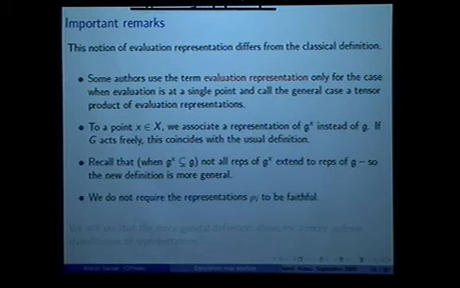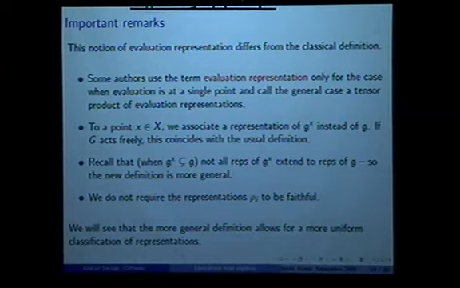We also don't require these representations to be faithful, which is sometimes required in the literature. So the reason we want this more general definition is we'll see that it gives a more uniform classification of irreducible representations. We'll give an example of that later. So we'll see cases where in the classical definition there will be representations that are not evaluation representations, but in this definition they are evaluation representations. So it sort of encompasses a greater class of representations.